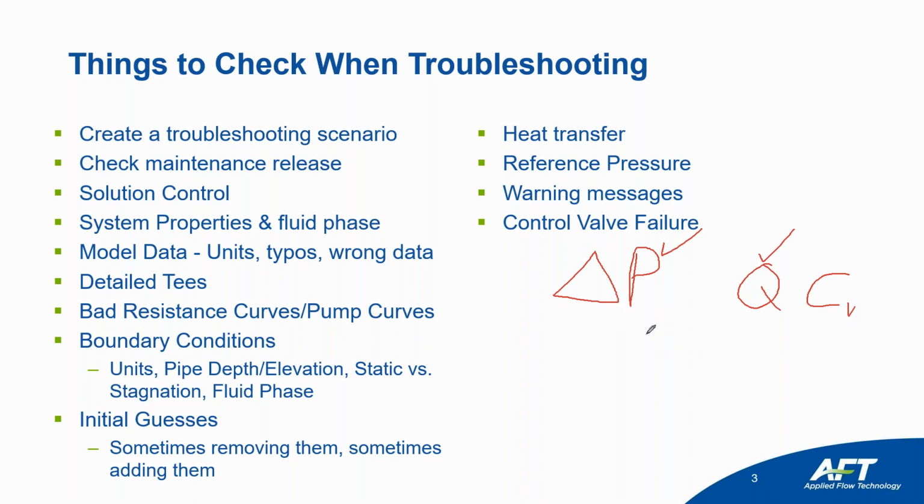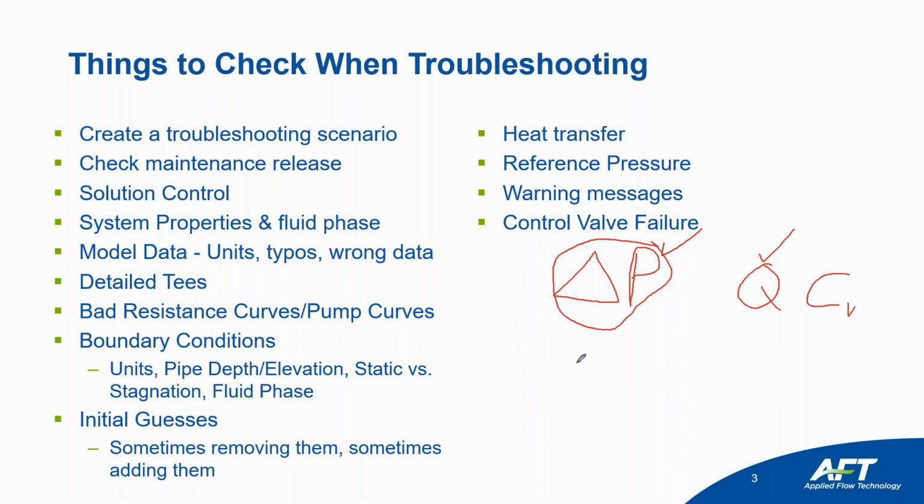However, if there's a time where your flow control valve fails, there's an option where you can always control, never fail, no matter what. What that will do is if your pressure drop across the control valve hits 0, there's no more pressure drop that can be taken out across your control valve to hit your set point.